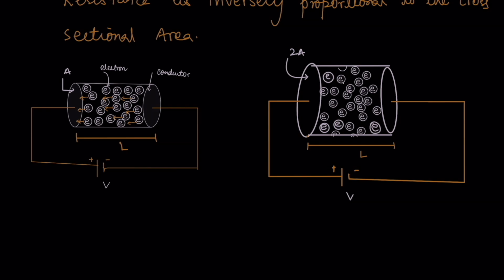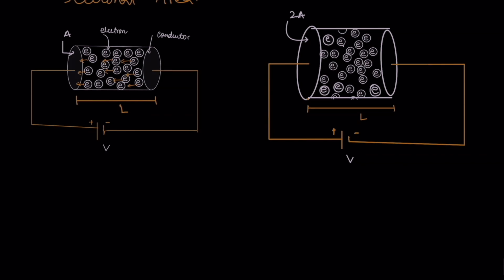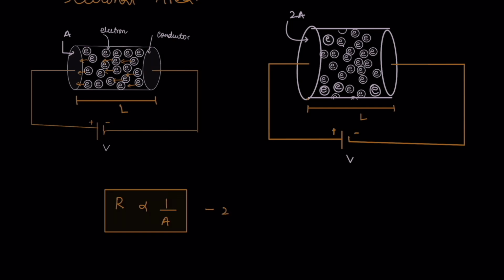It means the electrons can flow easily. The higher the cross-sectional area, the fewer the collisions, so disturbance will decrease and resistance will also decrease. That's why resistance is inversely proportional to the area. We can consider this the second relation.